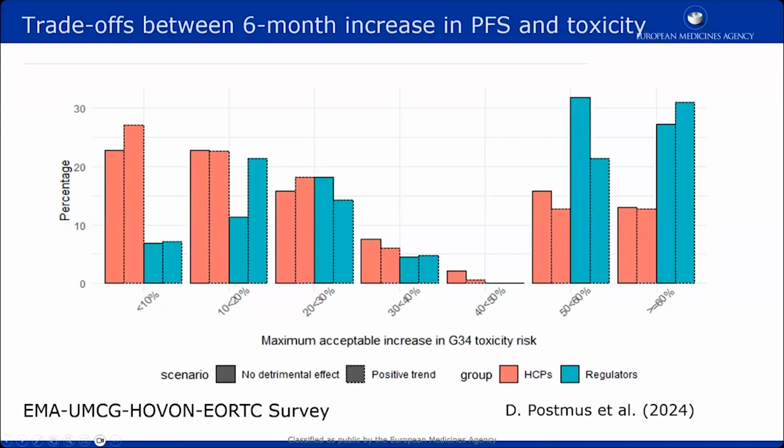But I think what's interesting in this slide is this distribution, almost a bimodal distribution, almost two distinct groups of believers in PFS and non-believers in PFS. And I guess that's something that as a regulator, you always need to take into account, because in the end, you need to decide where you stand, not only with your own beliefs, but also should you, rather than apply your own belief, accept the beliefs of patients, doctors, and then decide accordingly.